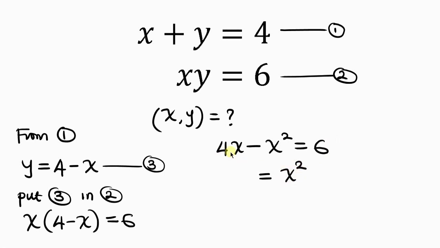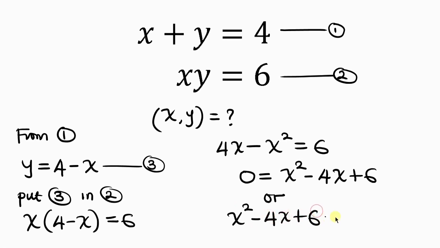And when I move 4x to the right hand side, it becomes negative 4x. So I've already got plus 6 here, so plus 6. And remember, 0 remains on the left hand side. Well, this expression is the same as x squared minus 4x plus 6 equal to 0.